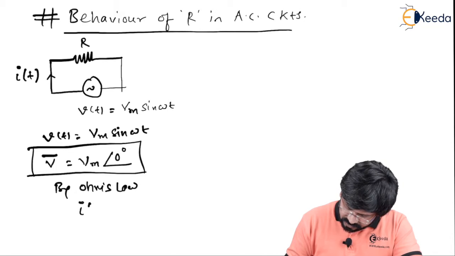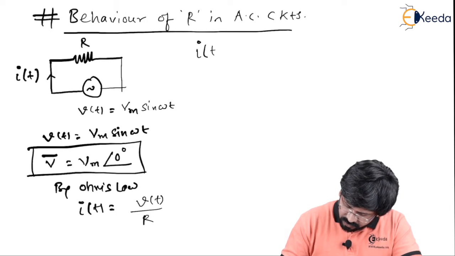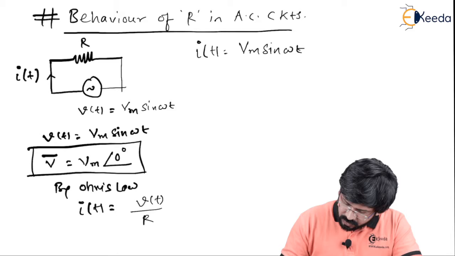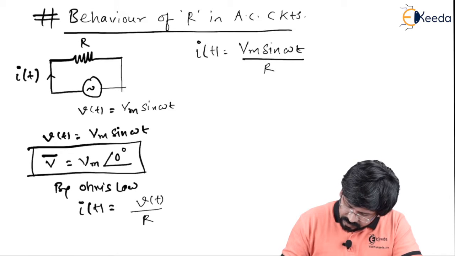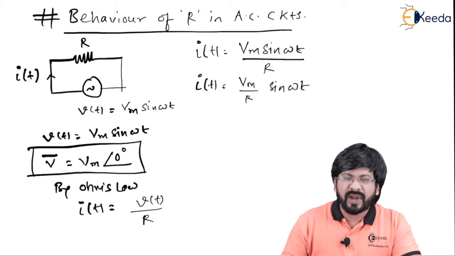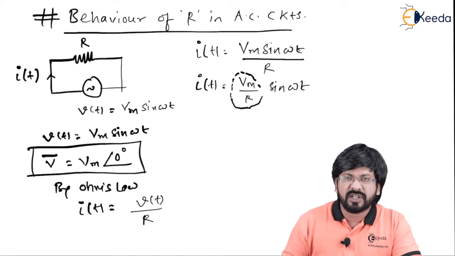I of t is V of t by R, or I can write I of t is equal to V of t, that we have is Vm sine of omega t, whole divided by R, or I can say I of t is simply Vm by R sine of omega t. What we have here is nothing but the peak value of the current.